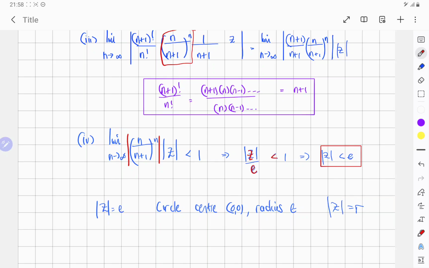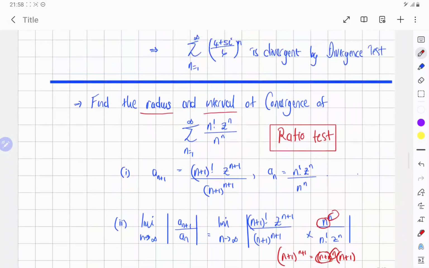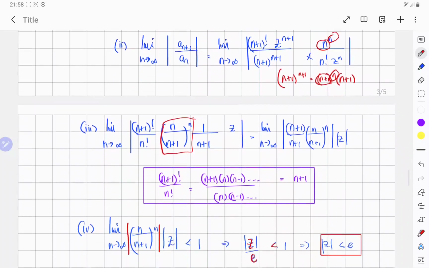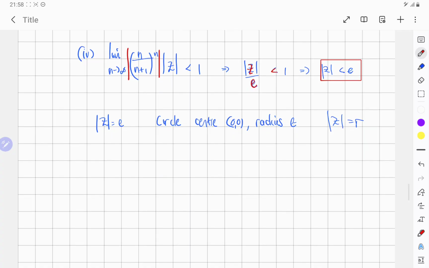So what do I know? Which values can my z take on to be a convergent series? That means that I will have |z| less than e, which is a circle with center (0, 0) and radius e.